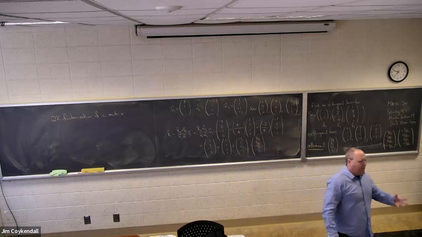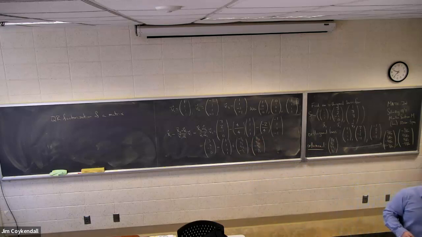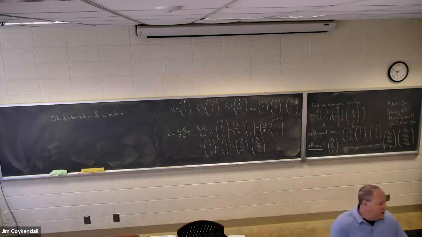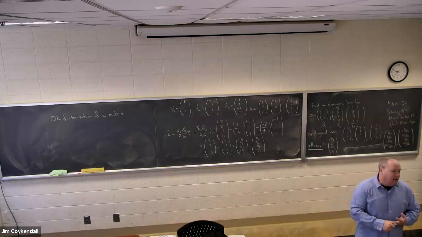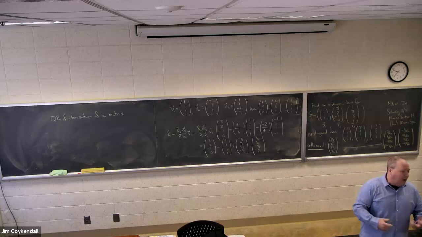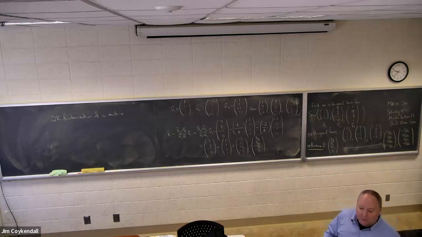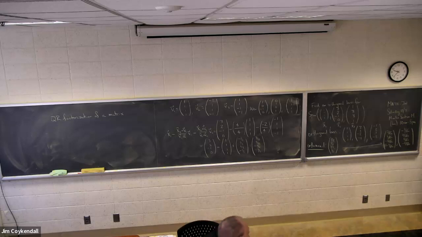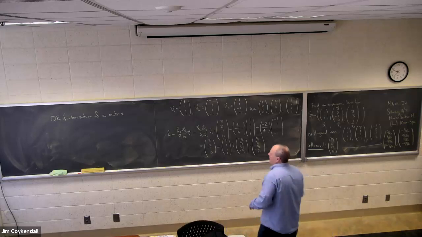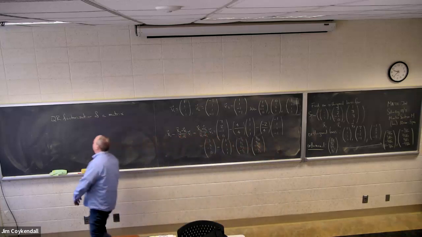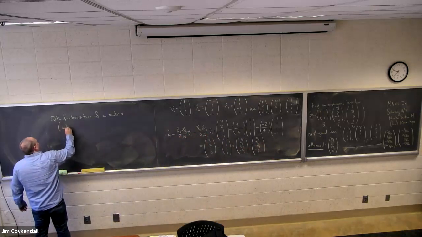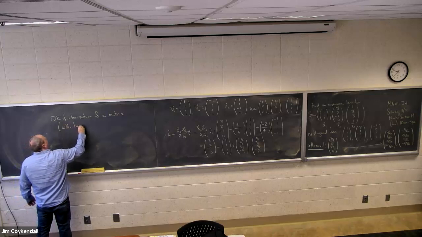If I walk up to you on the street and I give you a matrix under a certain condition, you should be able to factor it into a QR factorization. Why do you care about doing this? Well, for square matrices, it's useful to find eigenvalues. It's good for computational effectiveness. And you will see that the way that I factor this actually does have some computational advantages to it. There's one condition you need for a QR factorization of a matrix. What you need is linearly independent columns.